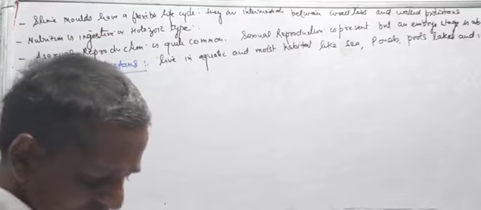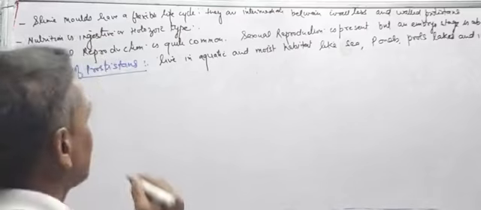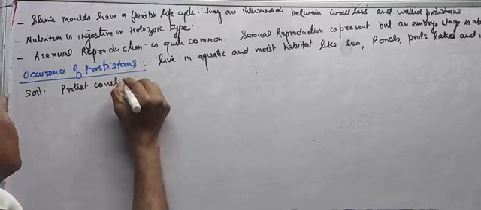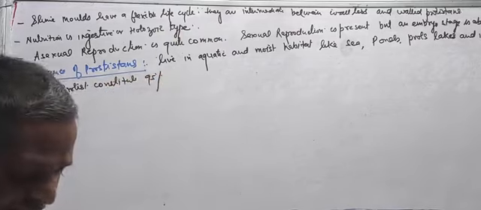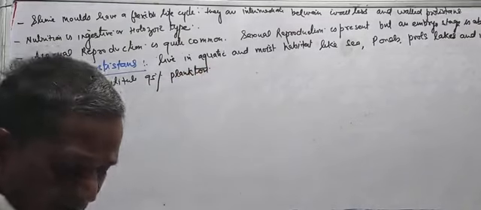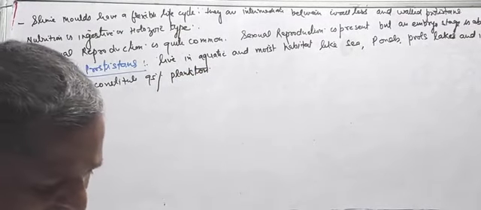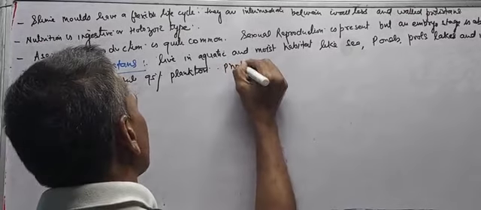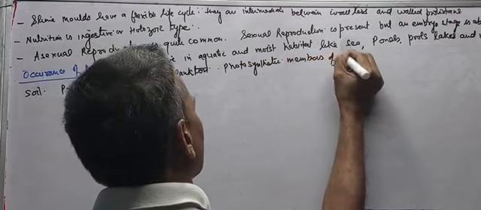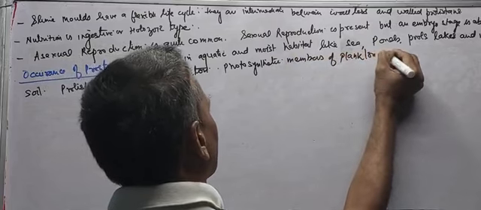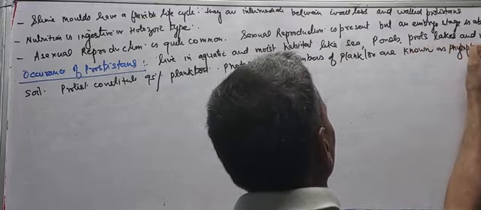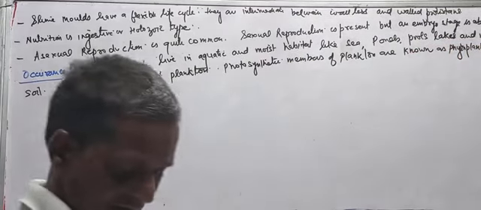In aquatic habitat, protists constitute 95% of plankton. Photosynthetic members of plankton are known as phytoplanktons.